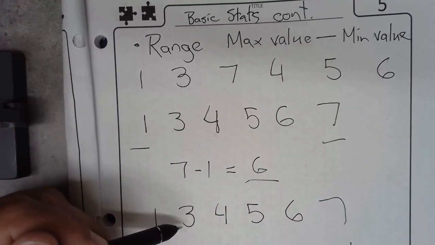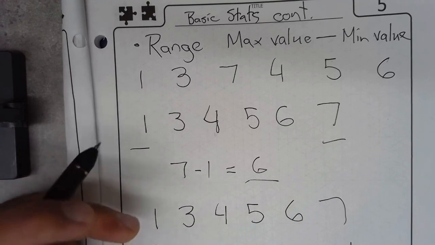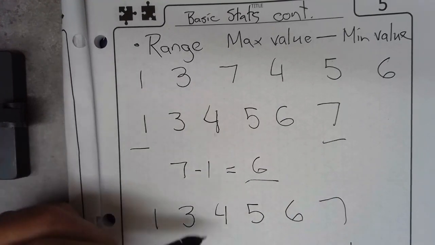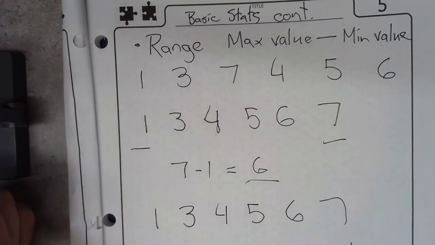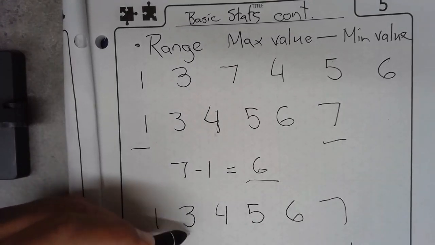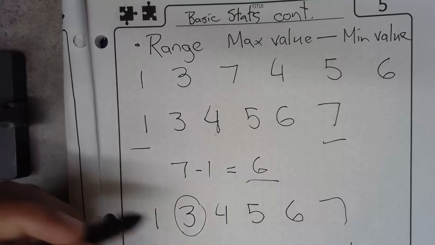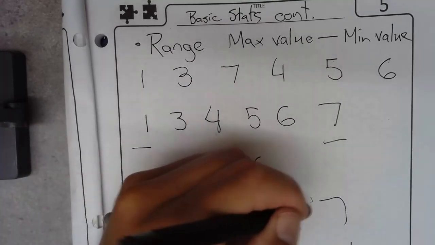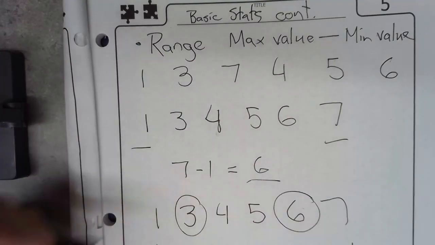So since we have 6 values, trying to find the quarter is basically a little over 1. So we're going to say it's this one, so 3. And we're going to say it's this one, 6.